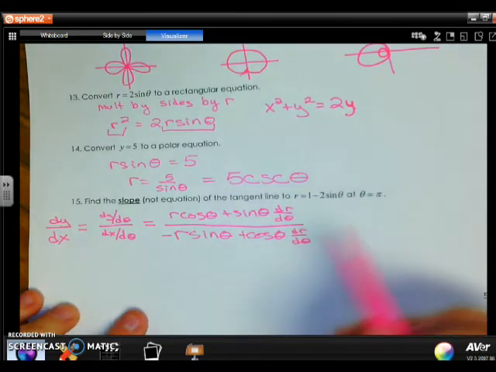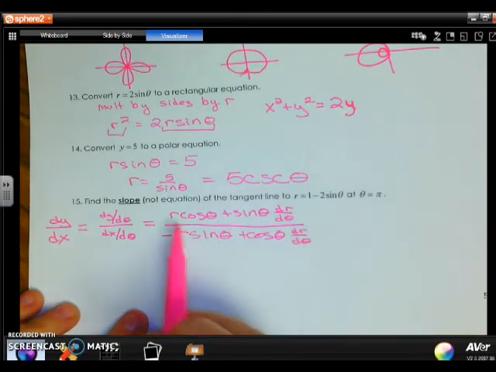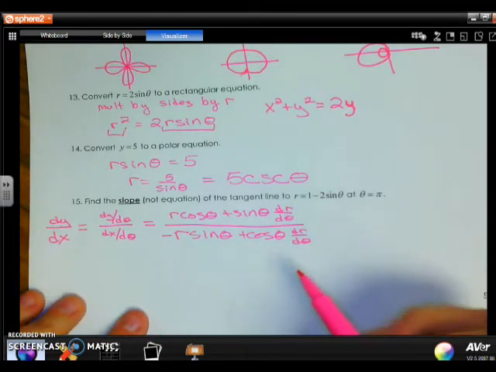Now from there, all you're going to do is take this r value and drop it in for the r there and there. Watch your parentheses, you're going to need a negative. And then you need to figure out what dr/dθ is.